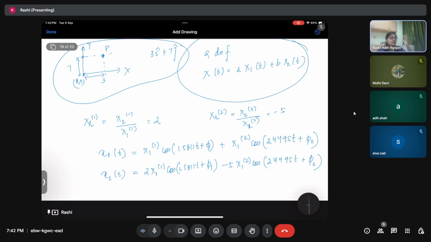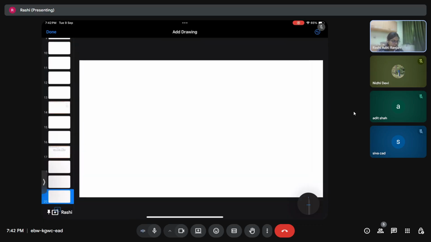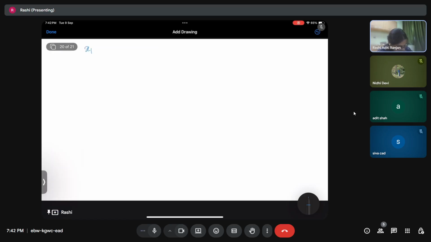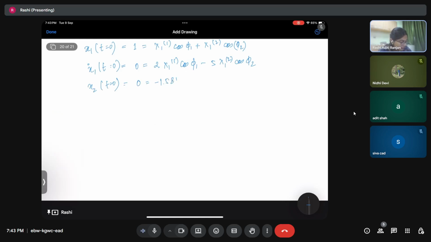Now, since we already have the initial conditions, if we use the given values, we are going to have x1 at t equals 0, which is equal to 1, as x1 of 1 cos phi 1 plus x1 of 2 cos phi 2. x1 dot at t equals 0 is 0, which is 2 x1 of 1 cos phi 1 minus 5 x1 of 2 cos phi 2. x2 at t equals 0 is again 0, and it is going to be minus 1.5811 x1 of 1 sin phi 1 minus 2.4495 x1 of 2 sin phi 2.